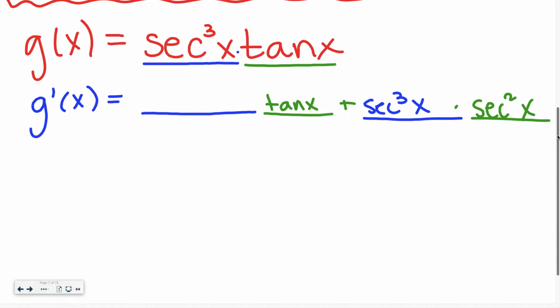So now when we take the derivative here, we're going to have to do the product rule, times the derivative of secant, which is secant tangent.